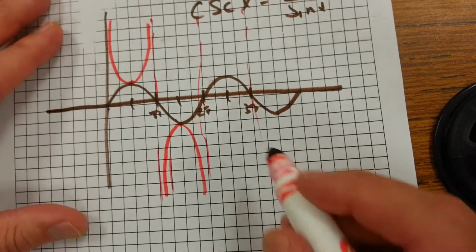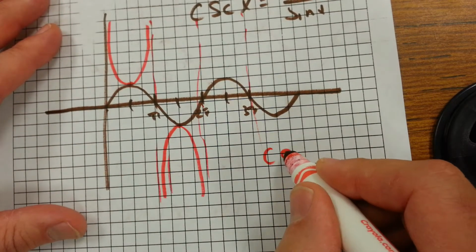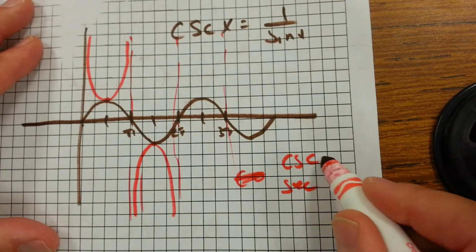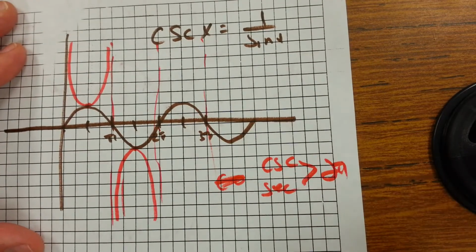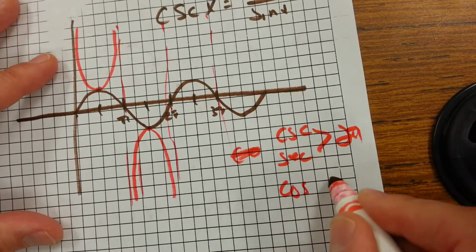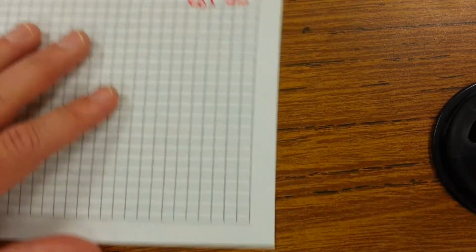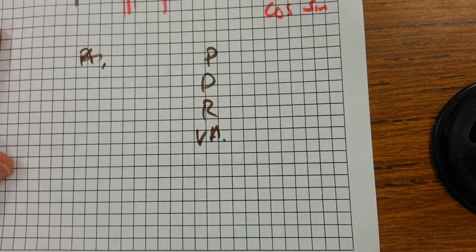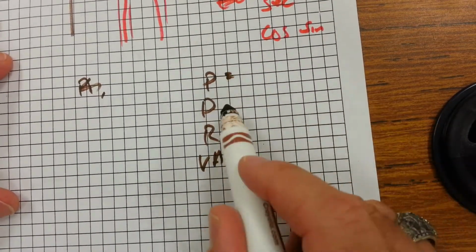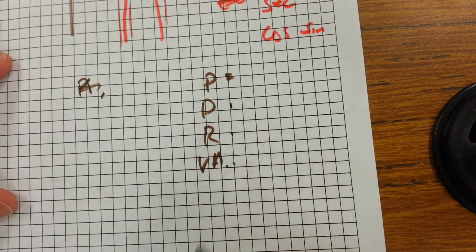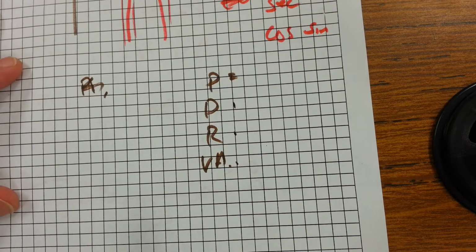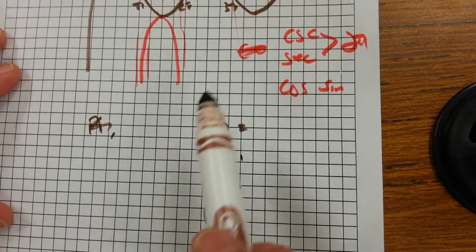So for cosecant and secant, the period is 2 pi, just like it was for cosine and sine, okay? All right. Things to always think about are your period, your domain, your range, and where your vertical asymptotes are. Your domain will be everything but where the asymptotes are.